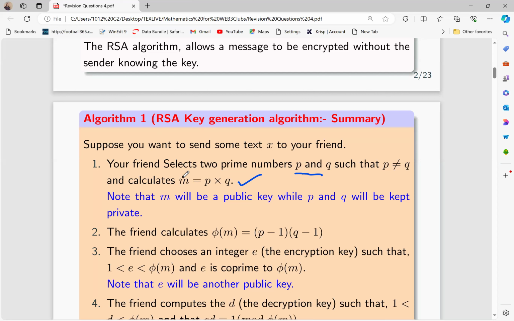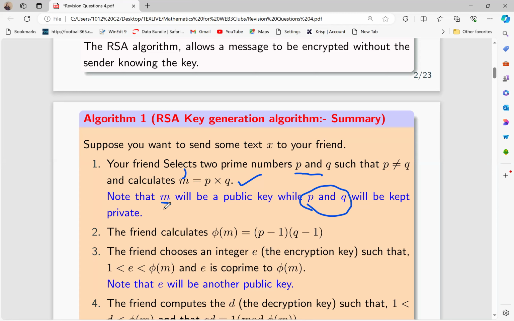Now, this product, M, will be a public key. It is one of the public keys. But P and Q are private. He is not supposed to expose them.